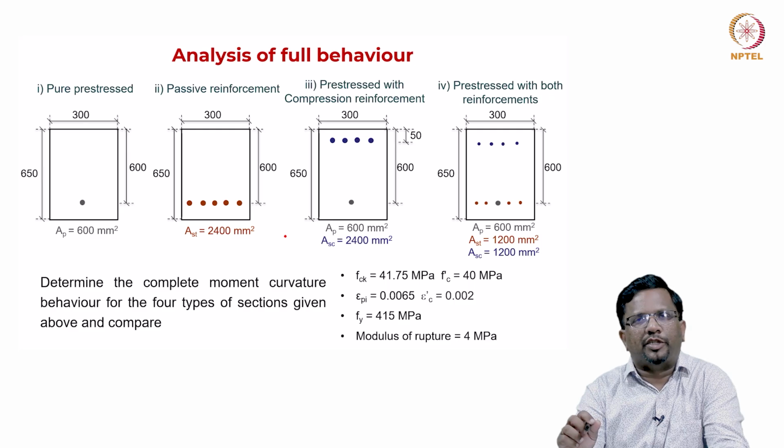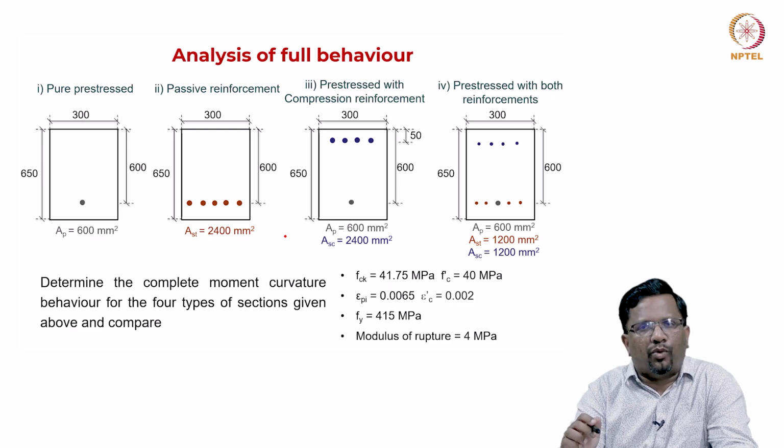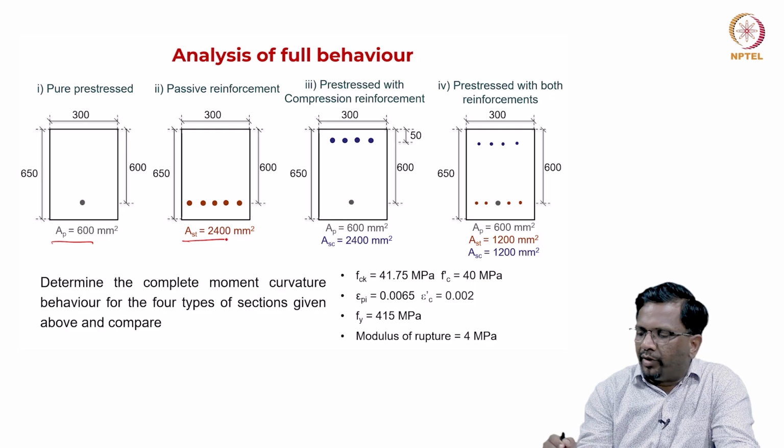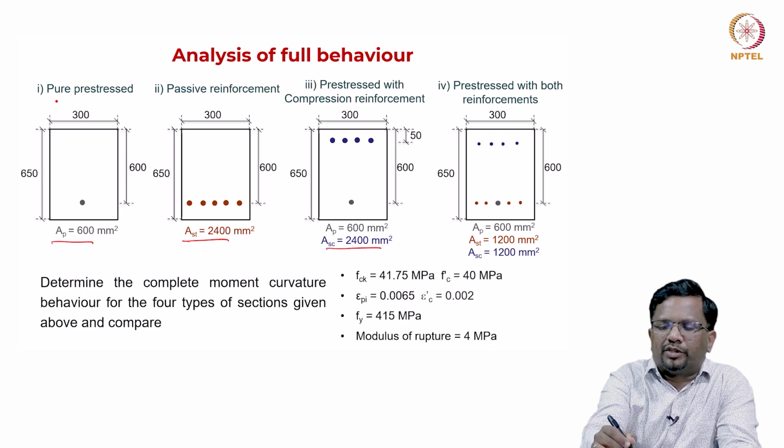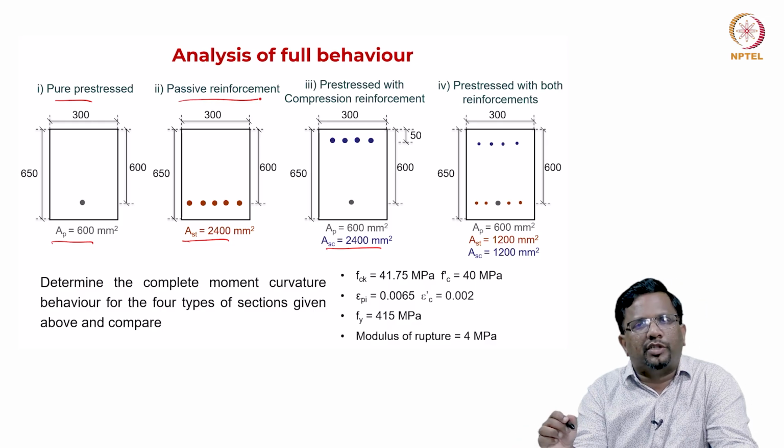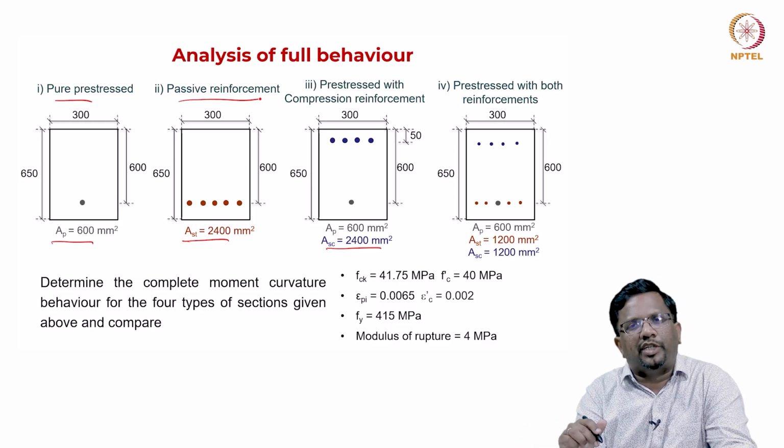So, to understand the behavior, here we are going to take 4 different cross sections to study the effect of equivalent steels. For example, this pure prestressed and passive reinforcement is an equivalent section. Why do I say equivalent section?